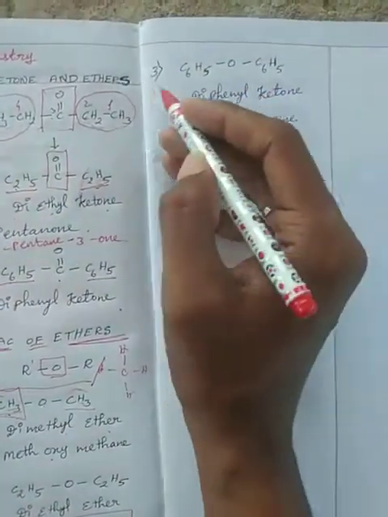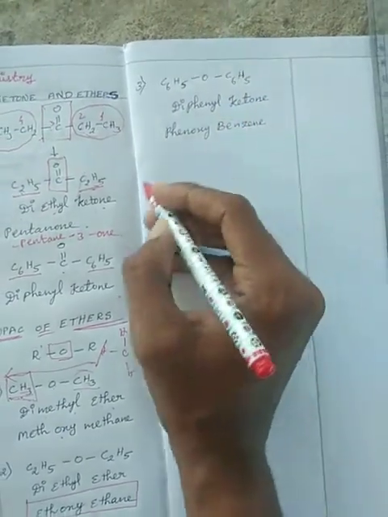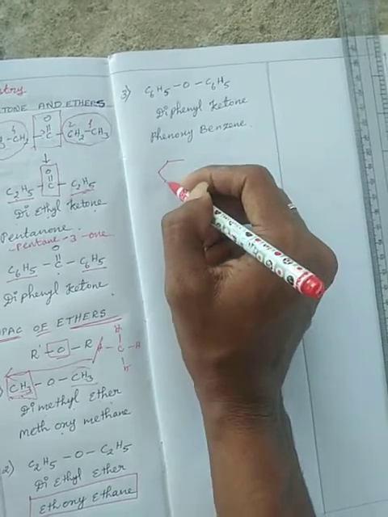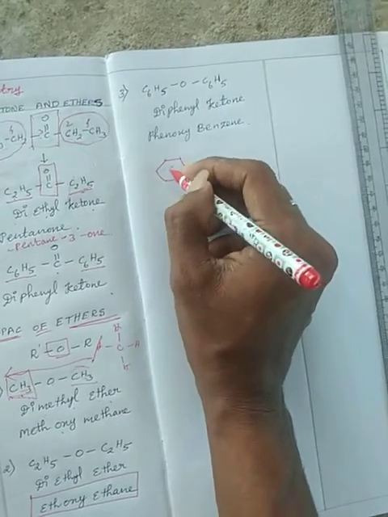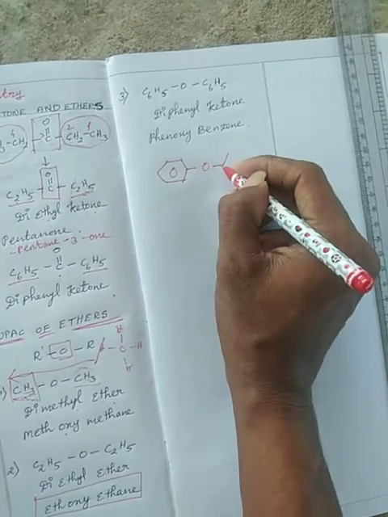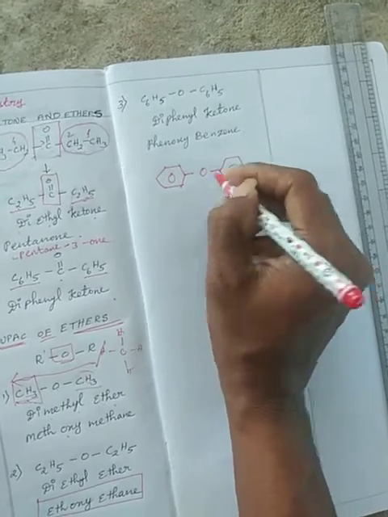Next is the phenyl group, same as diphenyl ketone. Another structure is the phenyl structure, the phenol structure, where 1 hydrogen is removed, giving the phenyl group, and oxygen is attached.